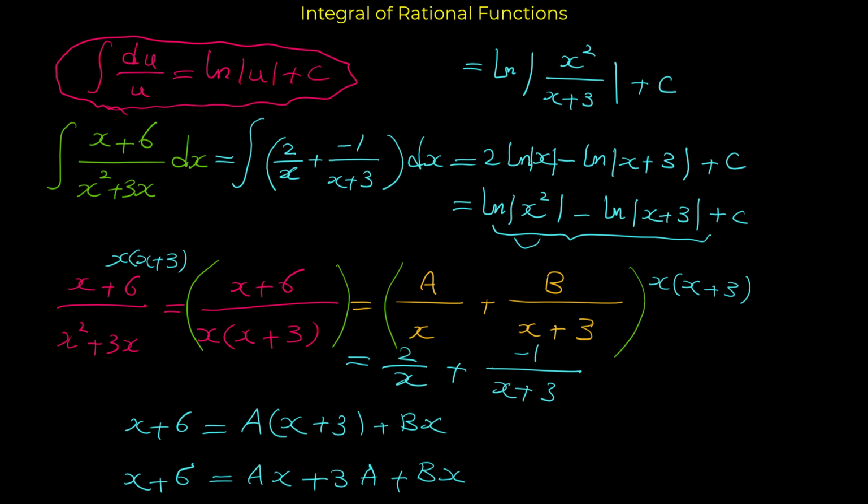Attention, what happened? This goes in the numerator and this one goes in the denominator based on the property of logarithmic functions. This step is optional, but sometimes it can be helpful, especially when we have definite integrals.